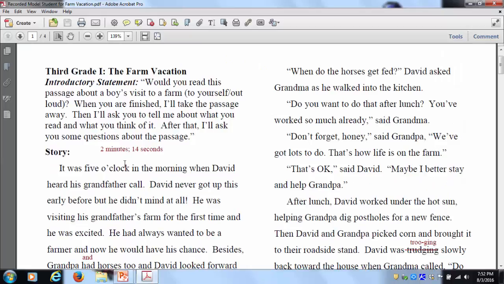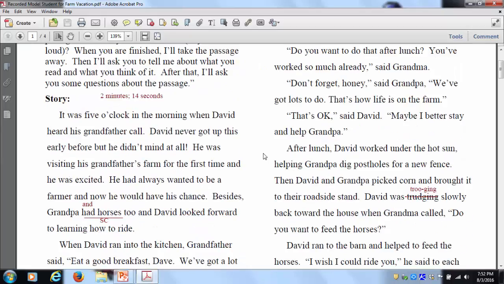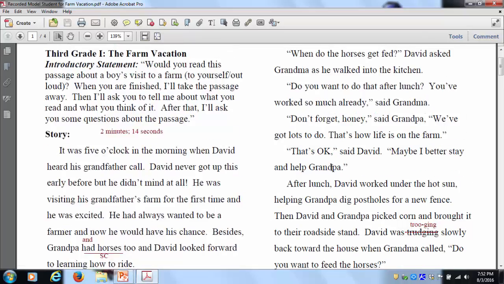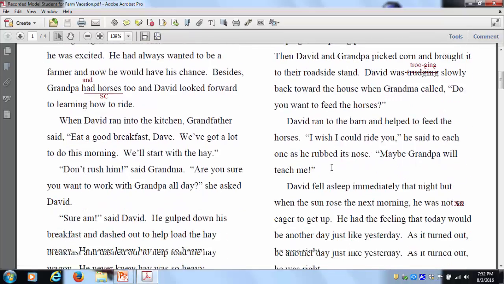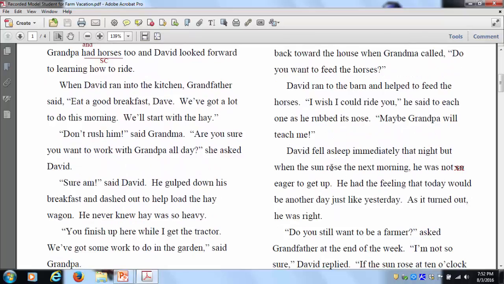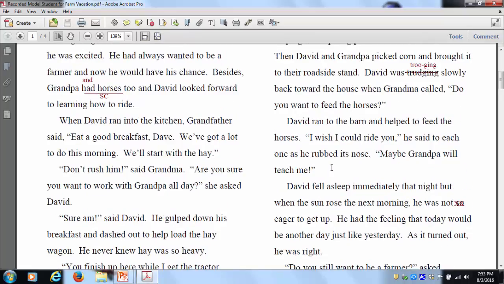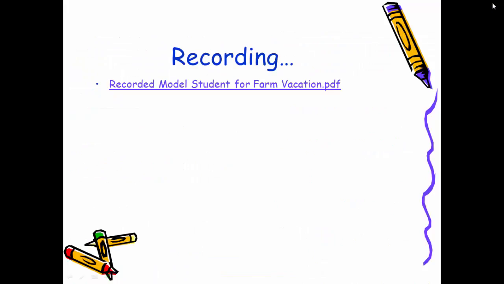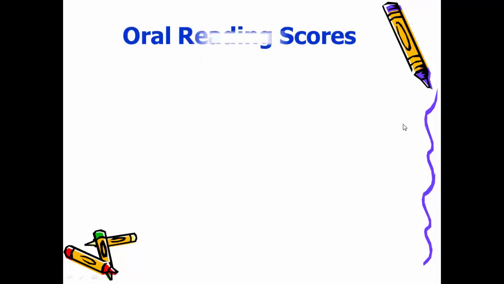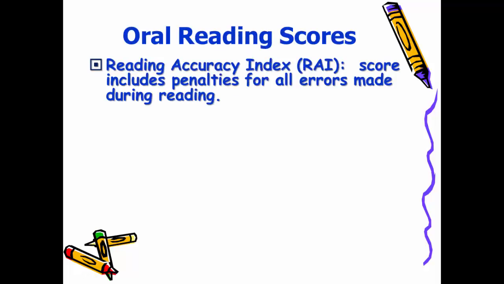When I'm finished, notice we put the time here, and here we have a substitution, here we have a self-correction. All right, so they are recorded verbatim, and here we have an omission. All right, so we had the coding. We do that as we assess.